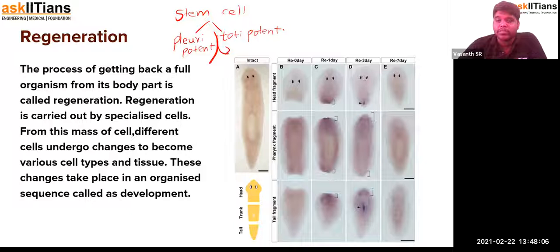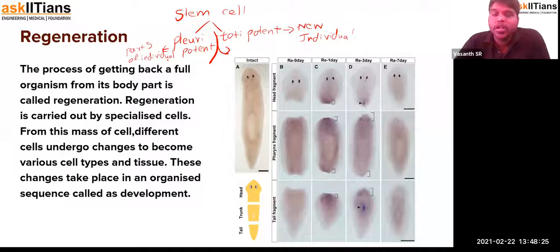Totipotent stem cells are ones which can give rise to a whole new individual. Pluripotent can give rise to only parts of an individual.